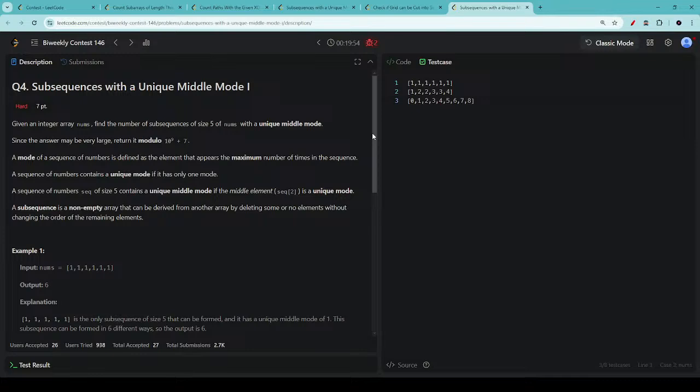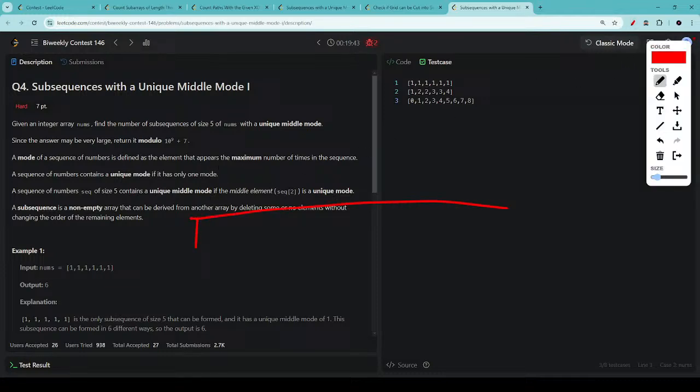Okay, let me think in terms of DP. Let's say I solve the problem for an array of length 5. That's an easy problem. I just find out what the mode is and see whether it's a unique middle mode.